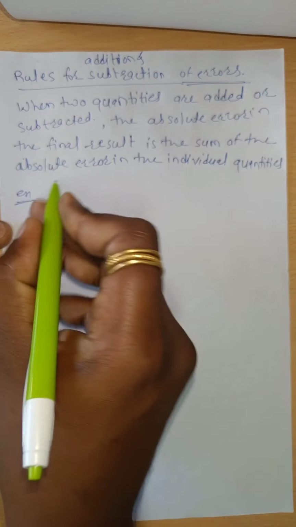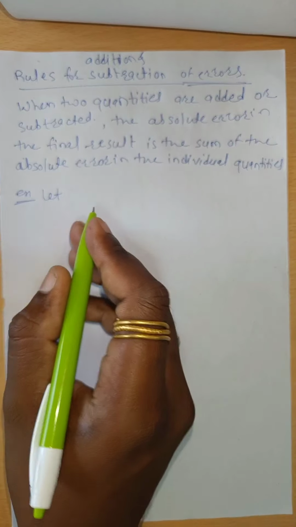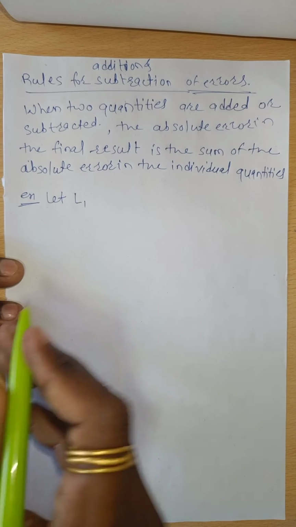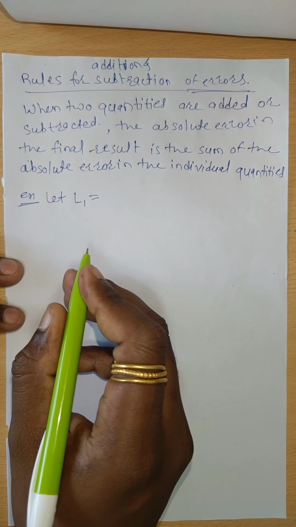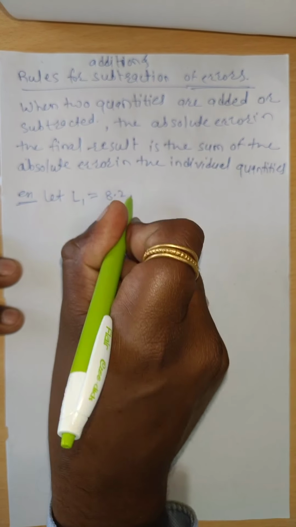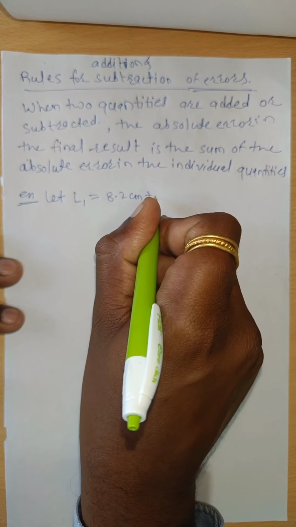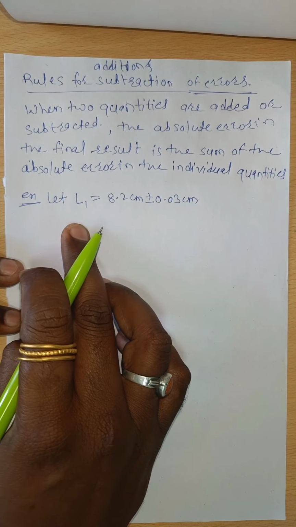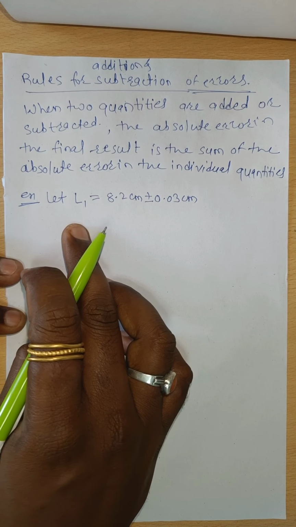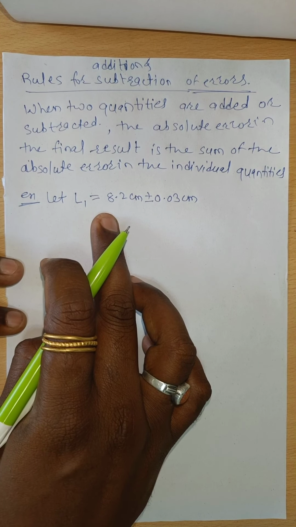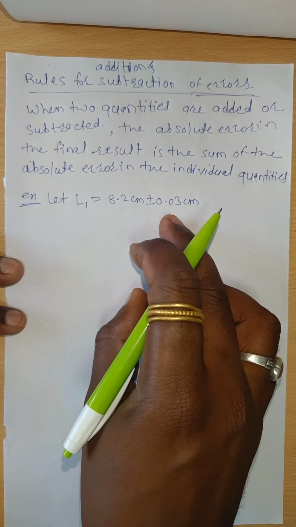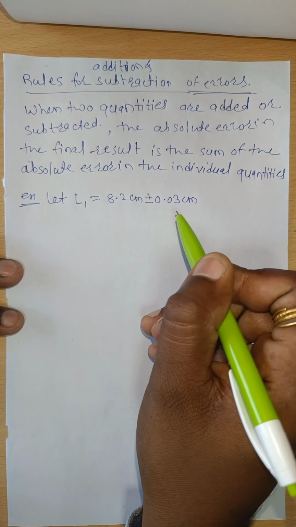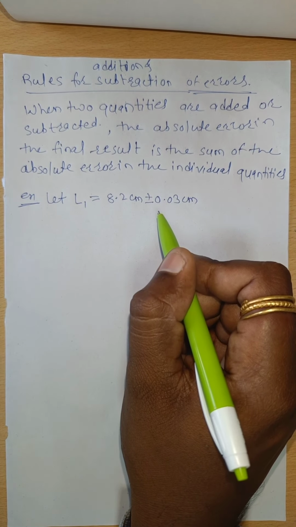Means the total error is equal to the sum of the error of the first quantity and the error of the second quantity. Now, an example. Let L1 be the length of one rod, which is equal to 8.2 centimeter plus or minus 0.03 centimeter. This 0.03 centimeter is the error in the length.